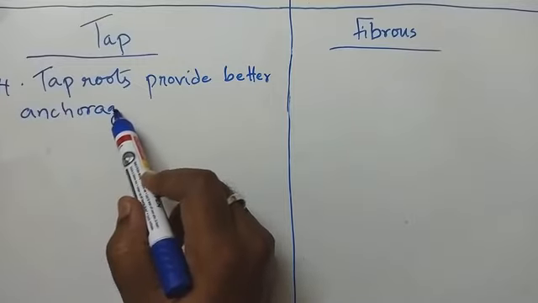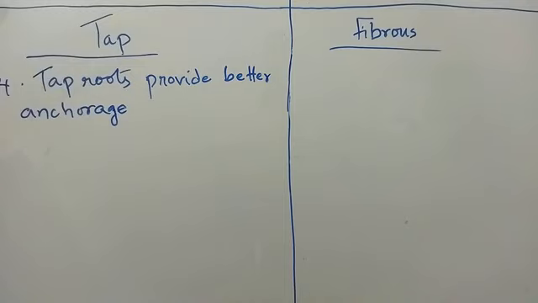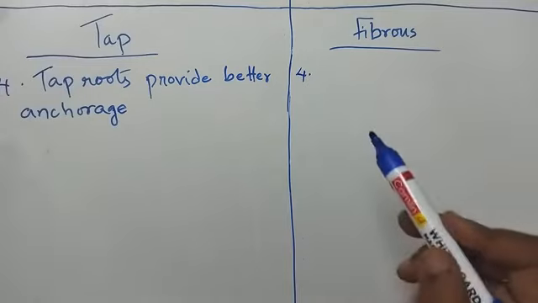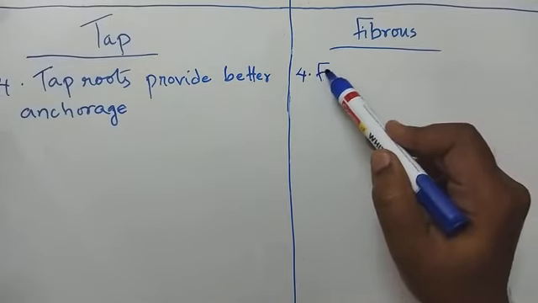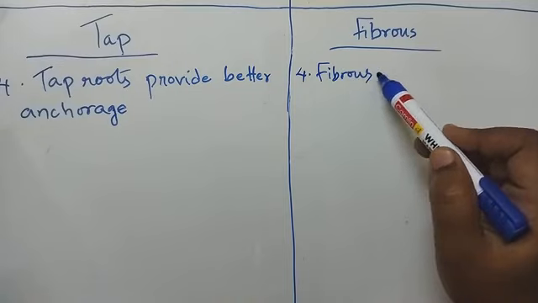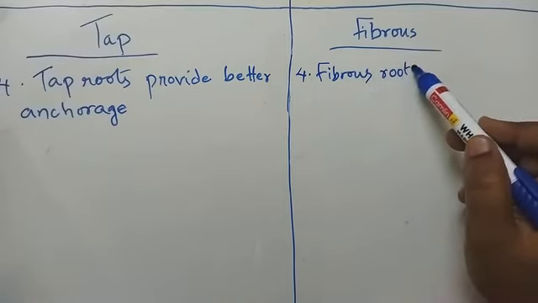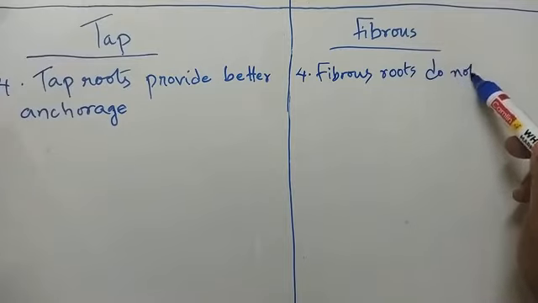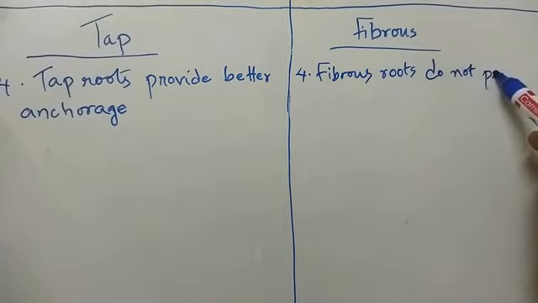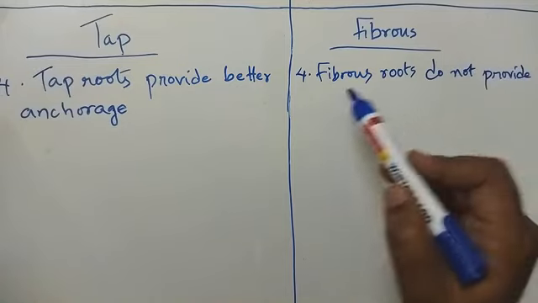Means if you want to pluck out a small tap root containing plant, it's not that easy to pluck out because it provides better anchorage. Whereas a same small sized fibrous root containing plant like a grass plant, you can easily pluck out because fibrous roots do not provide better anchorage.